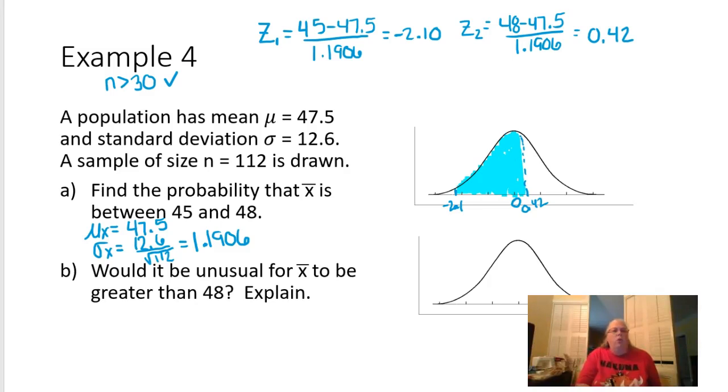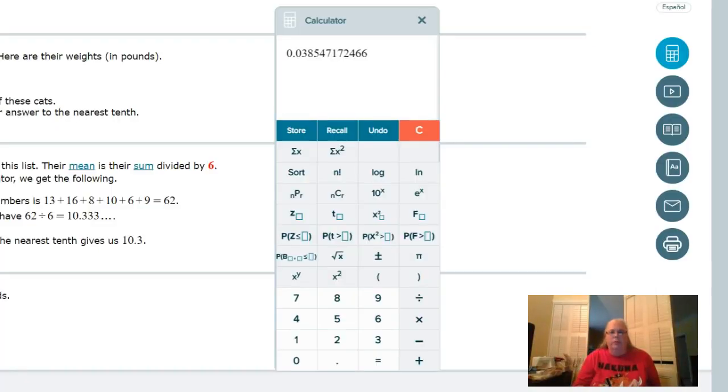So we can do this all in one step. Let's see. We'll pull up the ALEKS calculator, and we'll clear this out. And I'm going to do the probability that z is less than 0.42, and then I'm going to subtract the probability that z is less than negative 2.10, and then we'll enter.